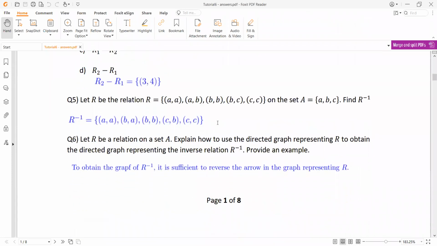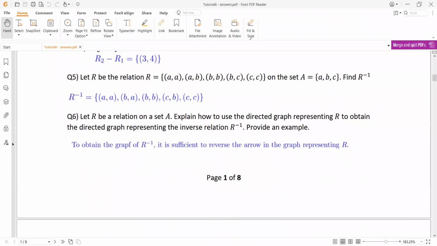Okay, so let's move to question number 5. Question number 5, the given is a relation R. So this is given. And relation R is on set A. We would like to find the inverse of the relation. So the inverse is very simple, as we explained in the lecture. The inverse of the relation is all the tuples, but in reversed order.